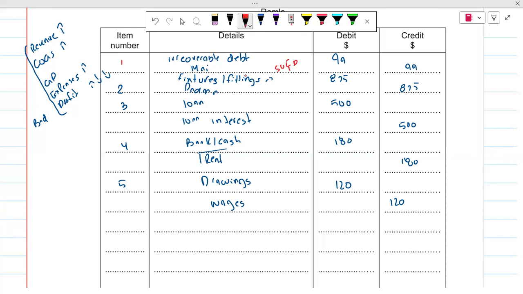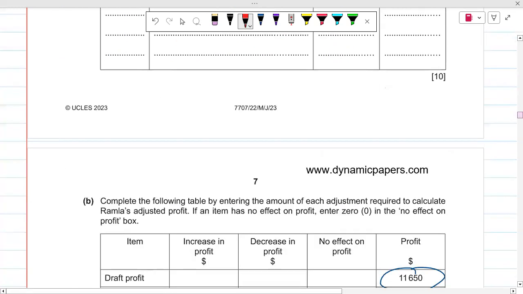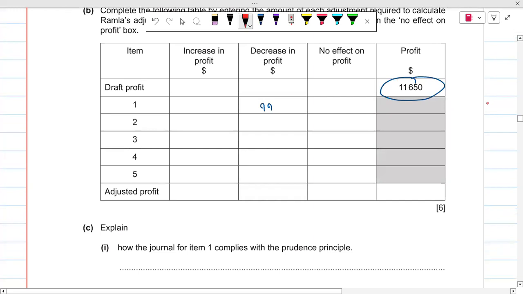So it means that this is not part of the income statement. If we are purchasing the fixture and fittings, what will happen? It will have no effect on the profit because this is our asset. And Padma is our trade payables, and we know that trade payables are recorded in the statement of financial position. So basically these transactions are for the statement of financial position. So there is no effect on the profit. So it has zero effect.